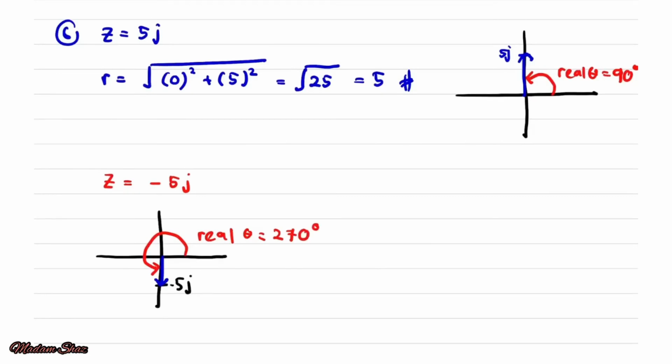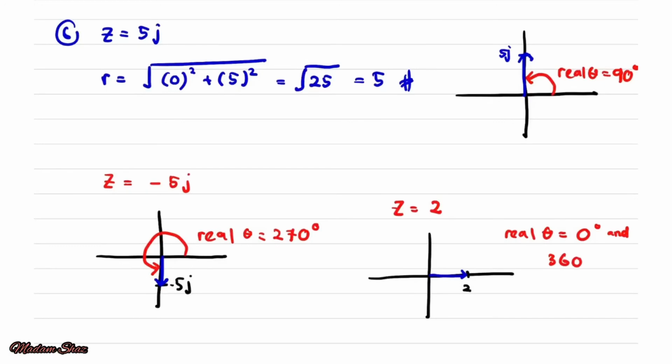Another example, if your z is equal to 2. When you plot the position of z equal to 2, this one is located on the x-axis. So for this one, the real theta is equal to 0 degrees and 360 degrees.